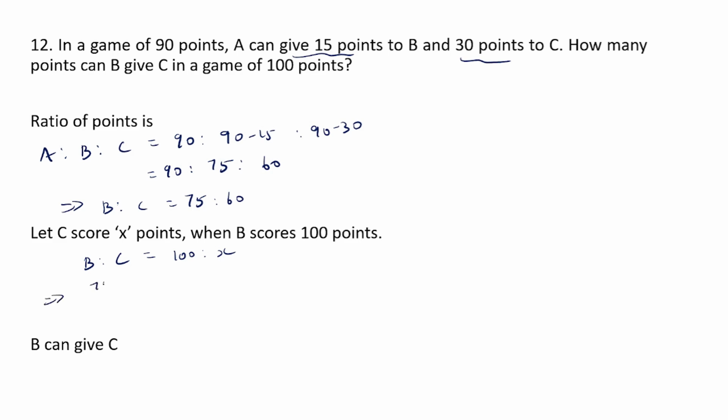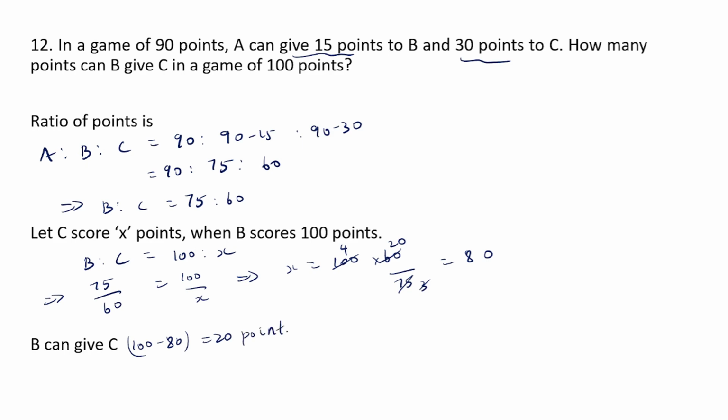This implies 75 by 60 equal to 100 by x, or x equal to 100 into 60 by 75. In 25, 100 will go 4 times, 75 will go 3 times. So x is 80. So when B scores 100 points, C scores 80 points. As a result, B can give C 100 minus 80 equal to 20 points. So this is the answer.